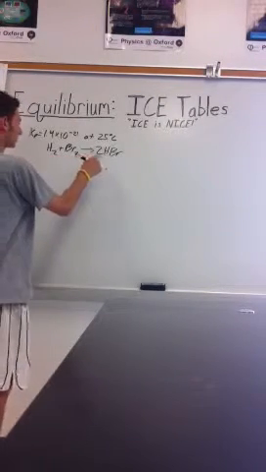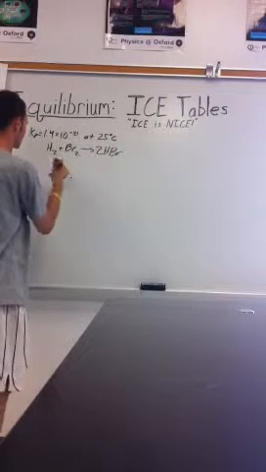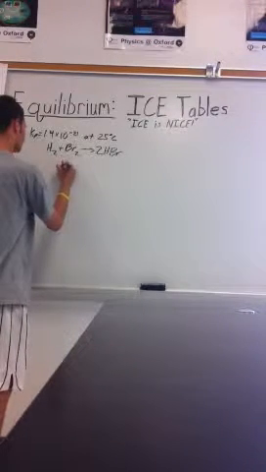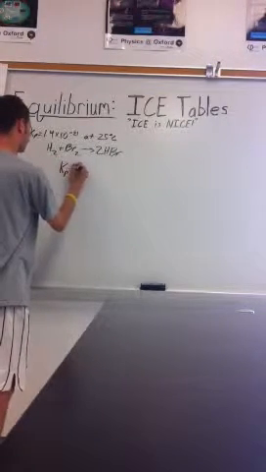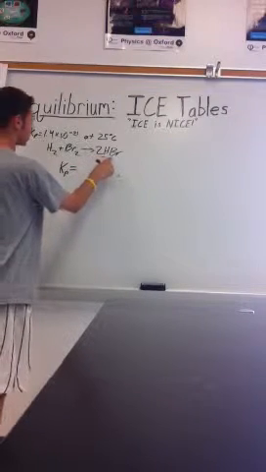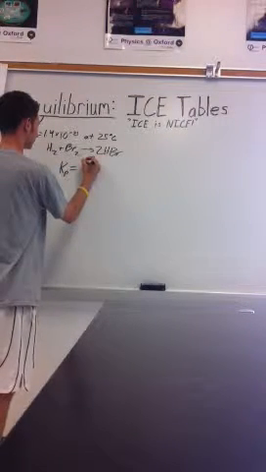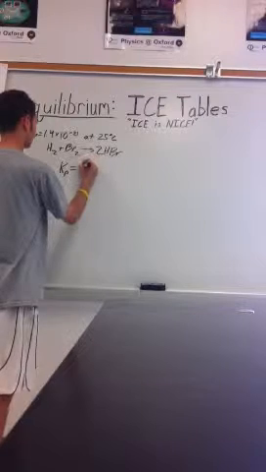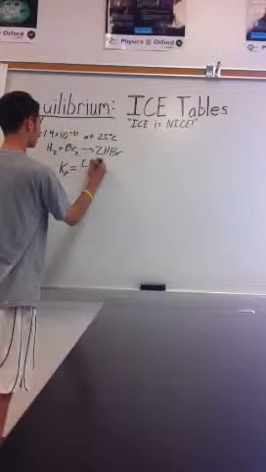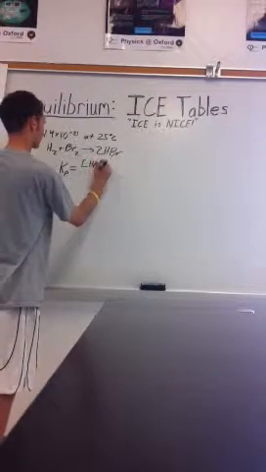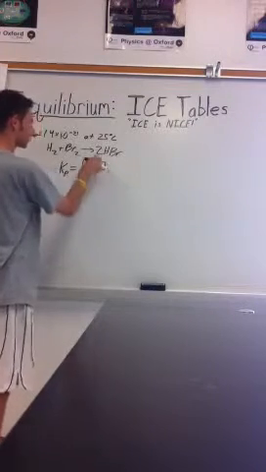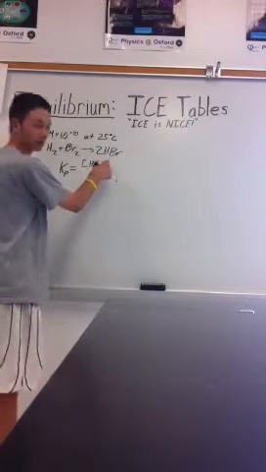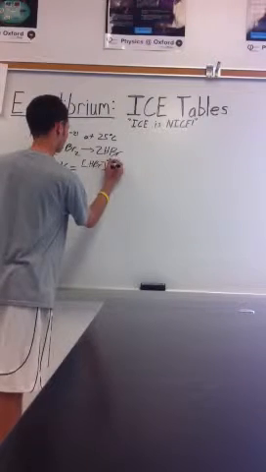Okay, part 1 is to write the Kp expression. So that will be products over reactants. So you have Kp equals products, which is the 2HBr. You use parentheses here, or brackets, HBr. And since there are 2 moles of this, you put an exponent of 2 up here.